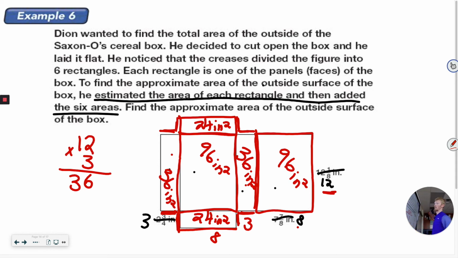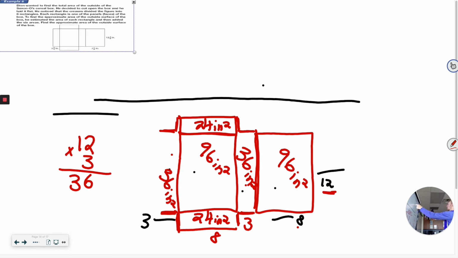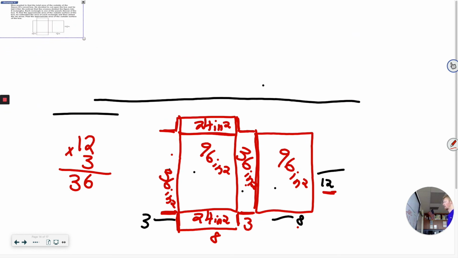Now, last step. If I want to find the total surface area, I need to add all those up. So, I have two 36s, two 24s, two 96s. So I'm going to start with these two 96 ones, add those up. 96 plus 96, or you could do 96 times 2.